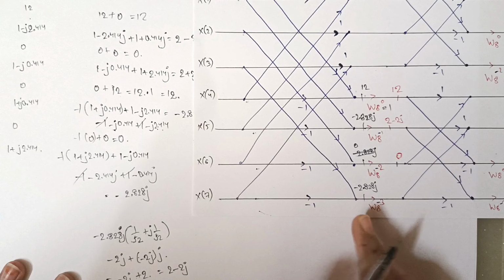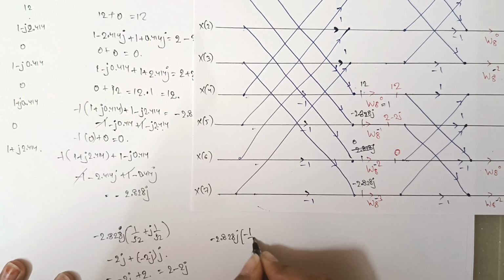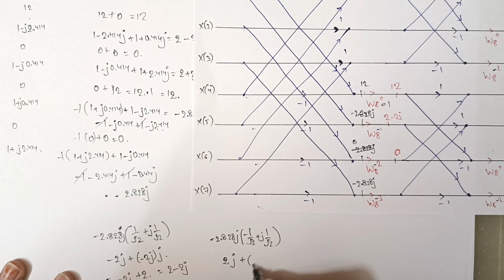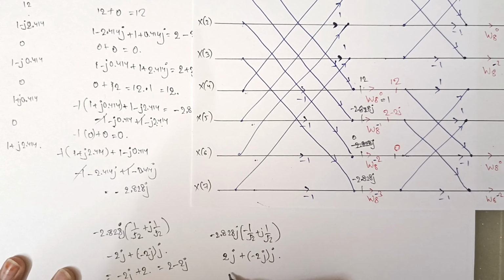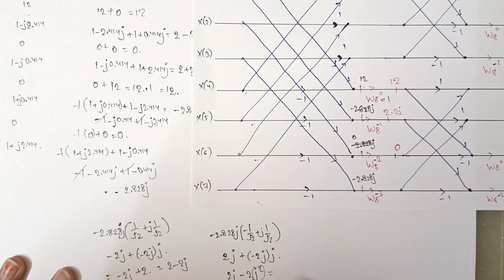Now for this term we are multiplying 2.828j with minus 1 by root 2 plus j 1 by root 2. So here we will get this as 2j, plus it will get minus 2j and one more j will be there. So this is 2j minus 2, and this is j square, so this will give us -1.